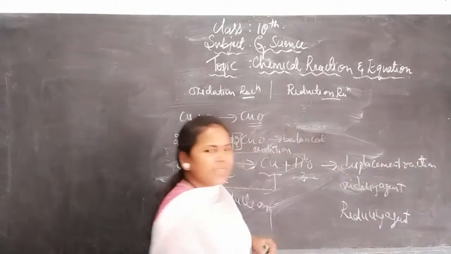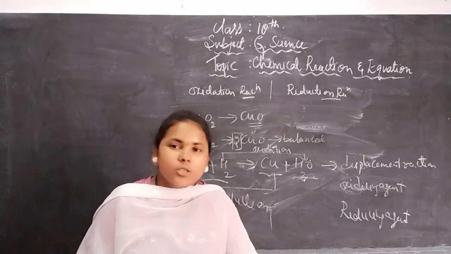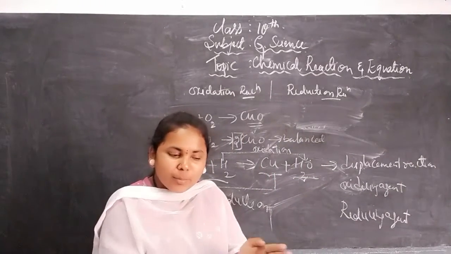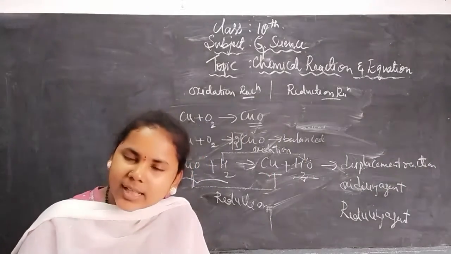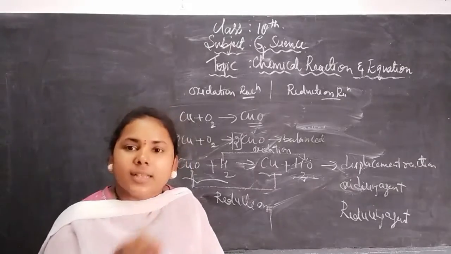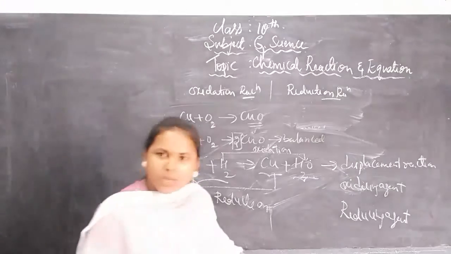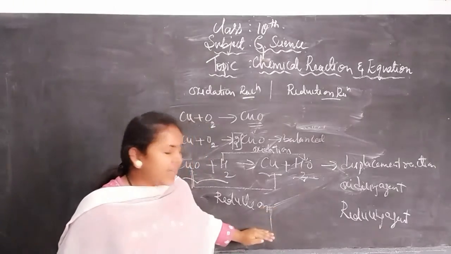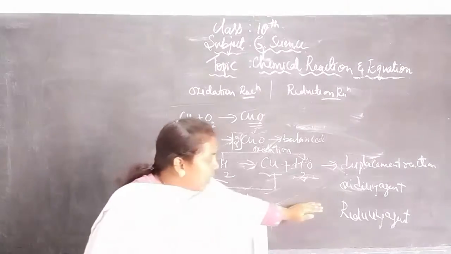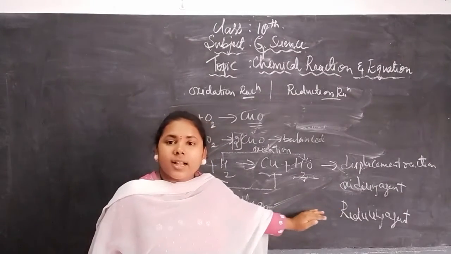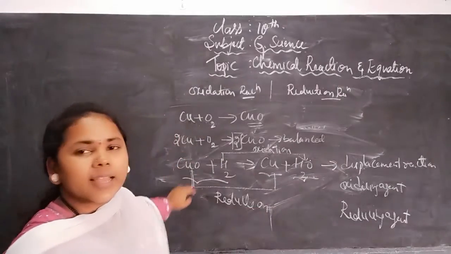What do you mean by agent? That means when the process is taking place, some of the elements help others to become oxidized or reduced. Such elements you observe in the chemical reaction, and that element is called an oxidizing agent or a reducing agent.